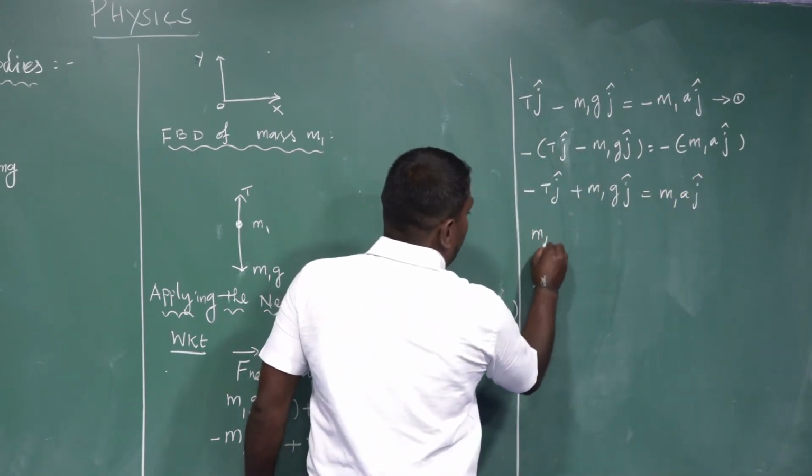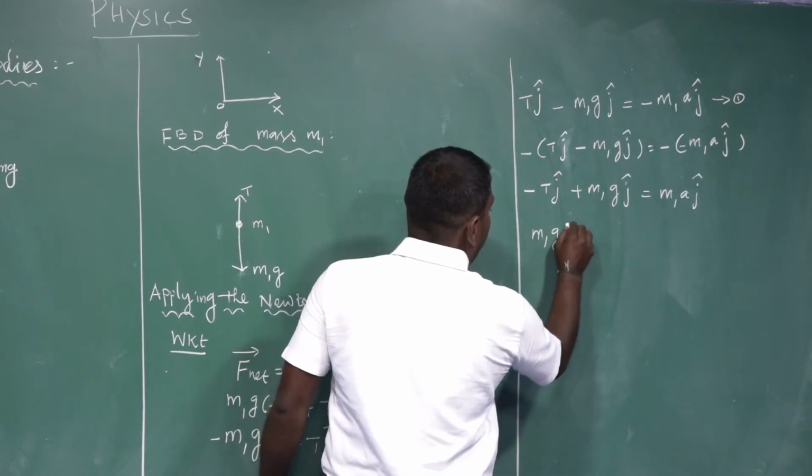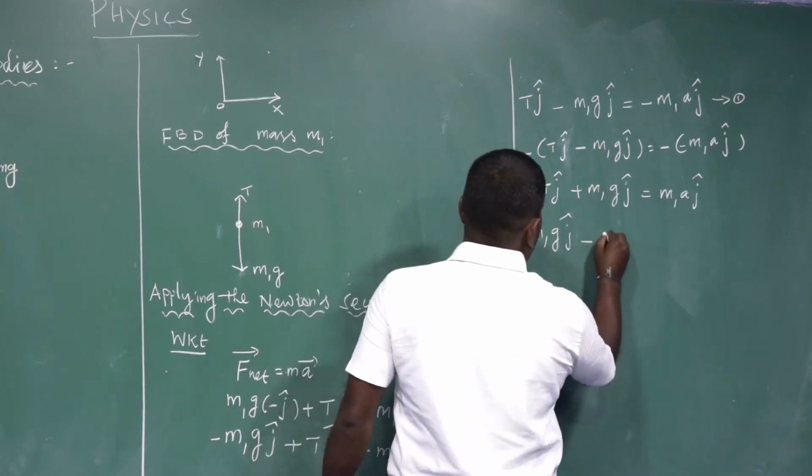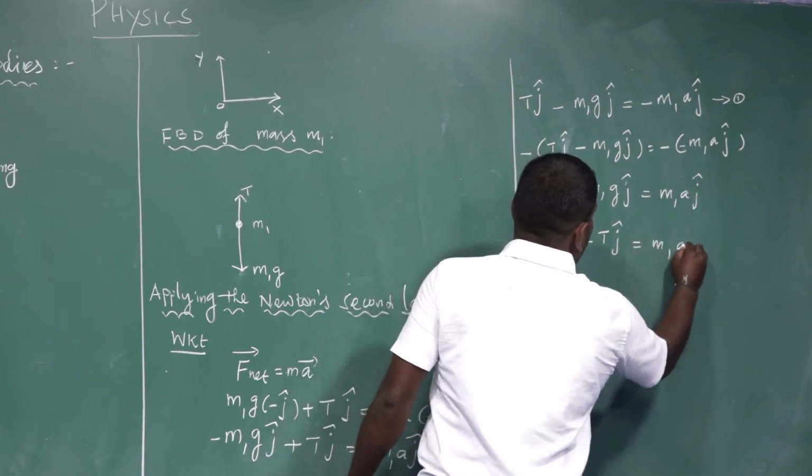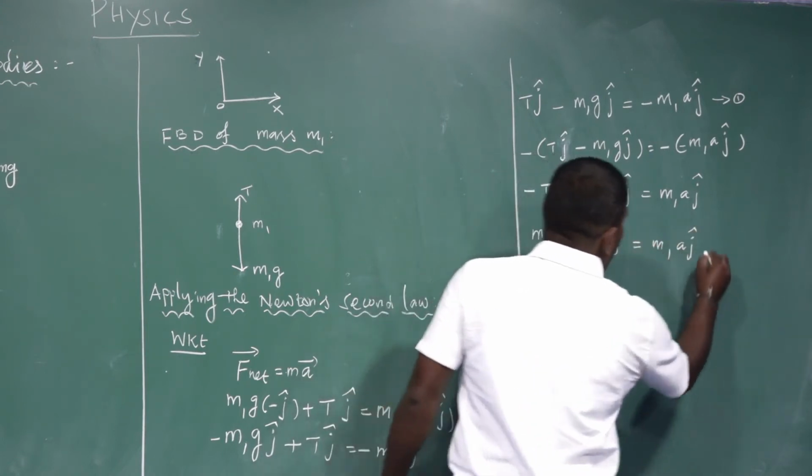So m1g j cap minus T j cap is equal to m1a j cap. This is equation number 2.